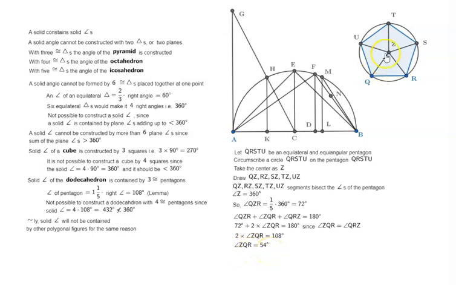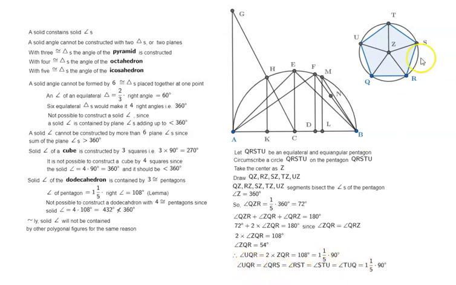But remember, the segment ZQ bisects the angle of the pentagon, that is UQR. That means if ZQR is equal to 54 degrees, ZQU will also be 54 degrees. So therefore, angle UQR is equal to 2 times ZQR, which is equal to 108 and which works out to 1 1/5 of a right angle, which is what we had to prove.